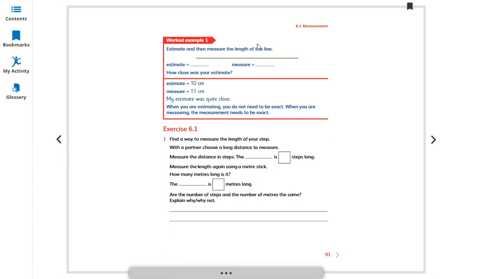First, I will tell you about meter, centimeter, and millimeter. 1 meter is equal to 100 centimeter, and 1 centimeter is equal to 10 millimeter. So for long distance you can use meters, 1 meter equal to 100 centimeter.